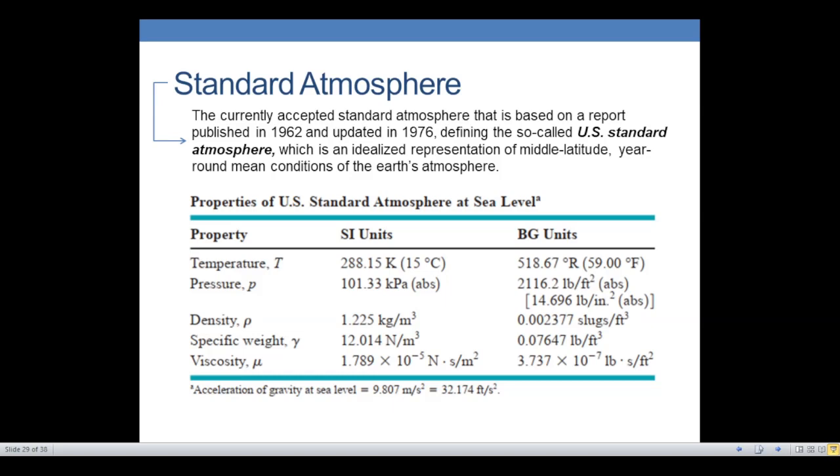Now, take note that the gravity is not stated in the table. However, we understand that the gravity at sea level is equal to 9.8, or 9.807 meter per second squared to be exact.